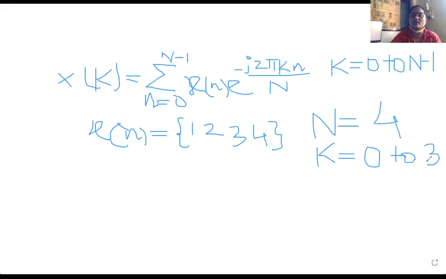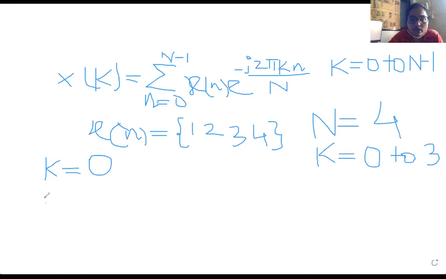If the value of k is varying from 0 to 3, I will be considering the first value of k. The first value of k is 0, so I have to calculate x of 0. I'm going to substitute the value in this equation.